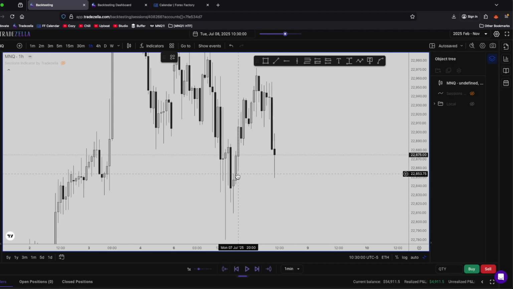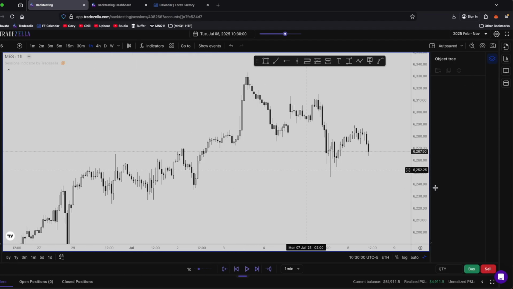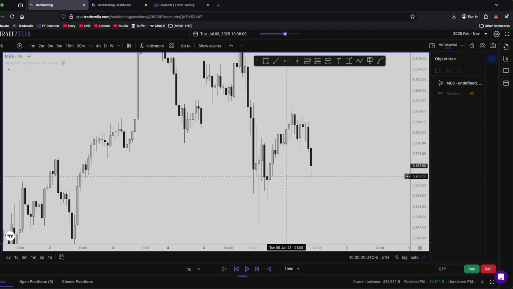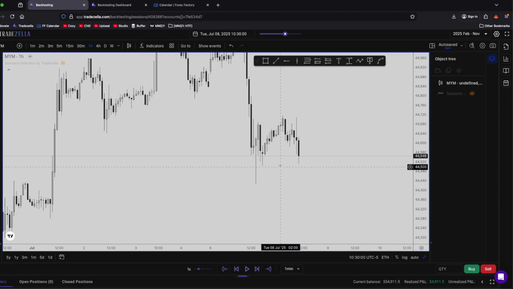All right, so we came down to that 1 hour fair value gap. ES came down into discount. There's no fair value gap, created some equal lows. YM did create some equal lows, came down into discount.